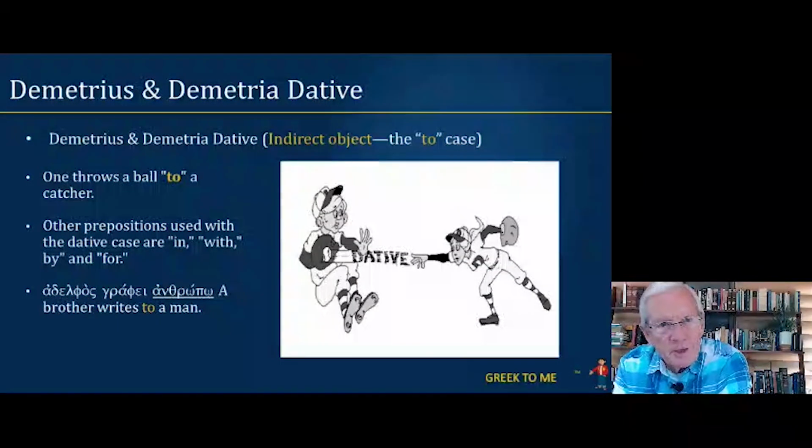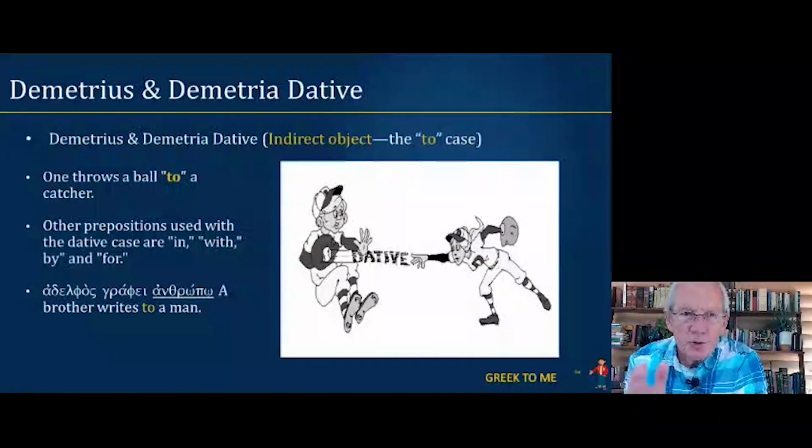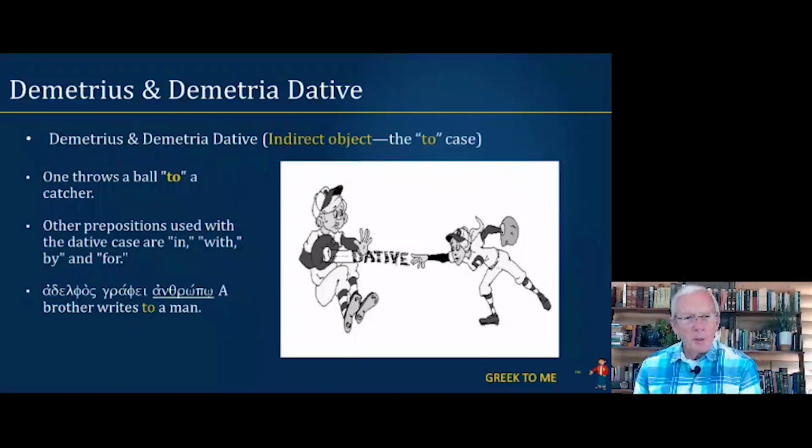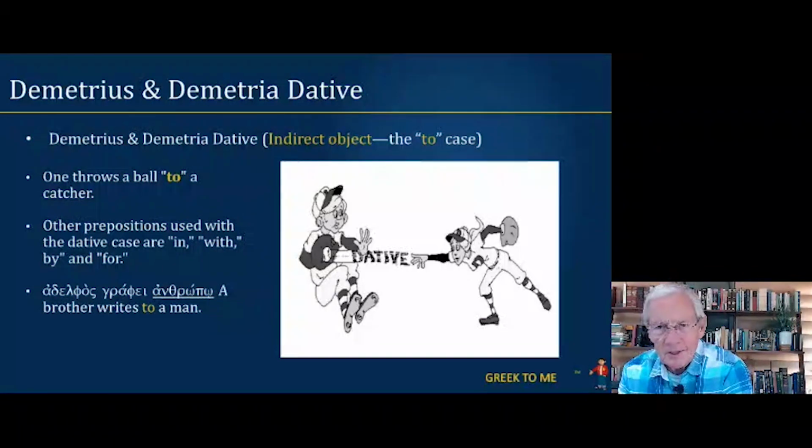Demetrius and Demetria, dative. This is the to case. One throws a ball to a catcher. That's the to case. Now, there are some other prepositions used with the dative case, and they're in, with, by, or for, and that is determined by the particular context of a sentence. So here's a Greek sentence here.